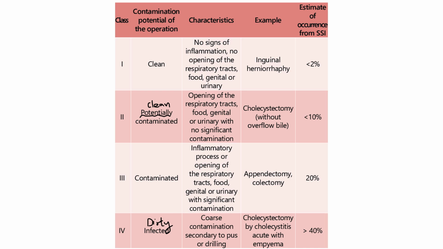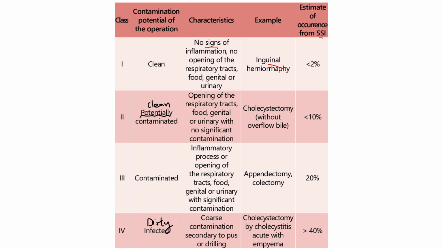So clean wound means there is no sign of inflammation, no opening of the respiratory tract, food or genital or urinary tract. An example is inguinal herniorrhaphy. That is a clean wound. There, the risk of surgical site infection is very, very low.